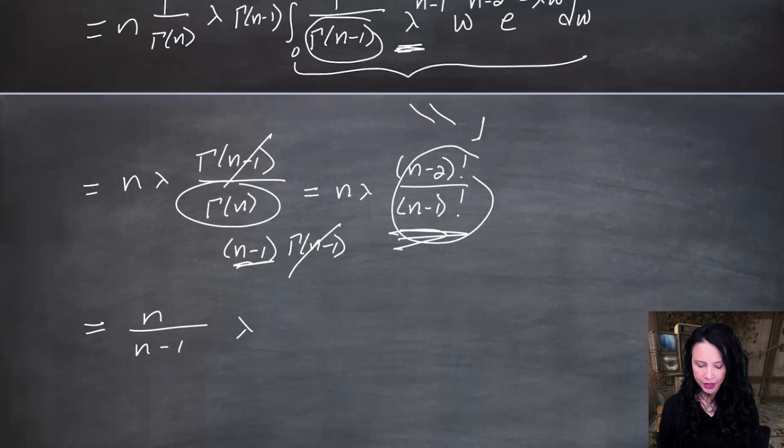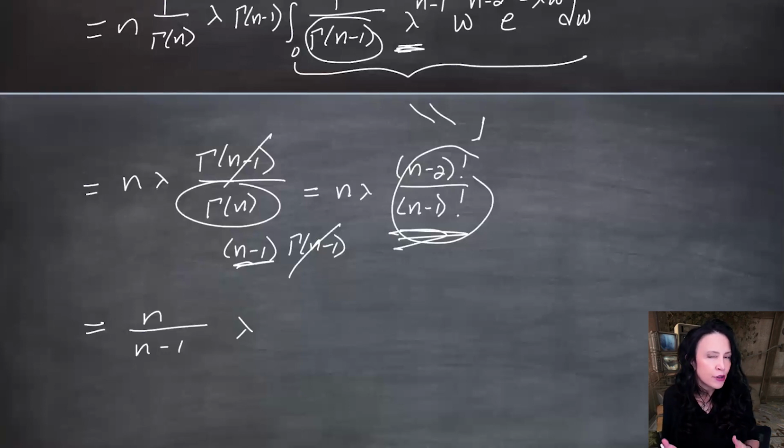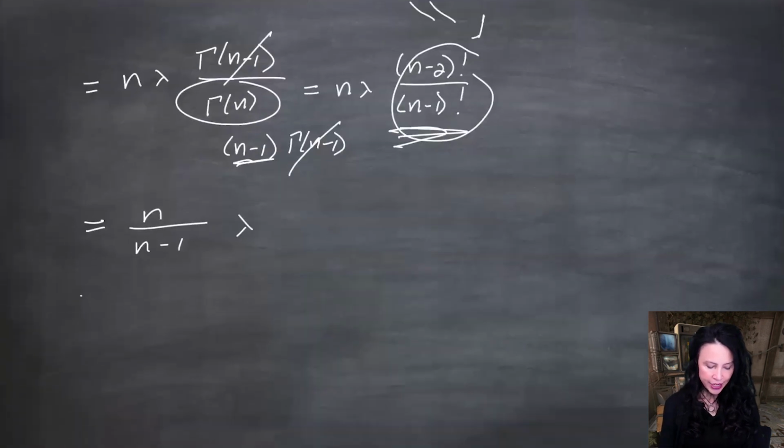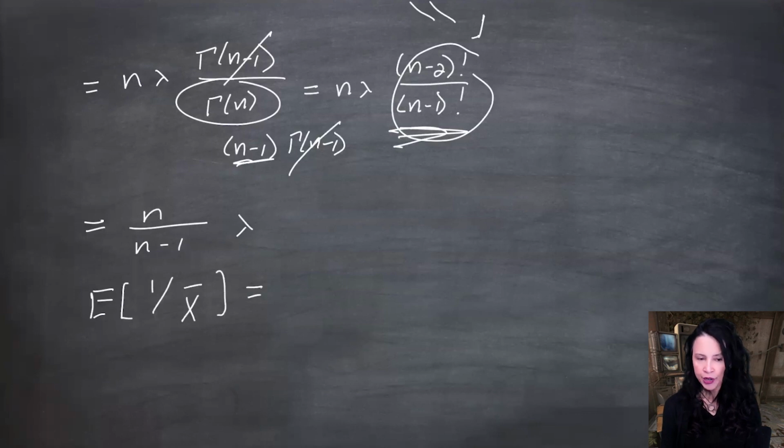I would definitely pull the lambda out and not write it up here, because we are looking for an unbiased estimator of lambda. So we'd really like to see it as some constant that hopefully we can adjust times lambda. So all of this was, in case you forgot, the expected value of 1 over x bar. We were in the fourth question in this example, where we were trying to find an unbiased estimator for lambda itself.